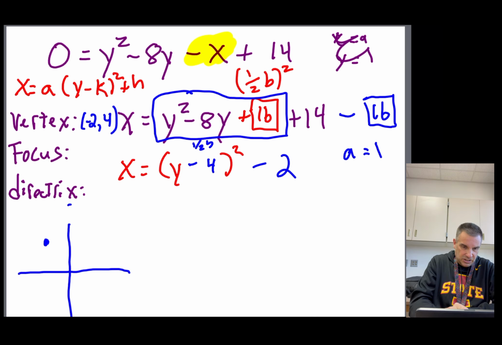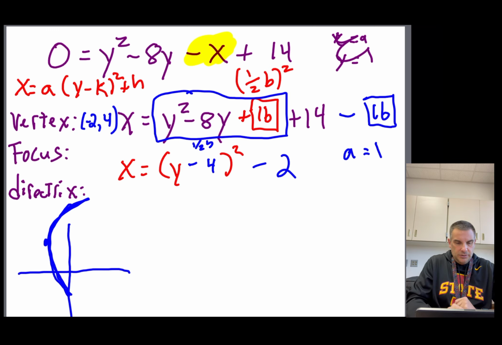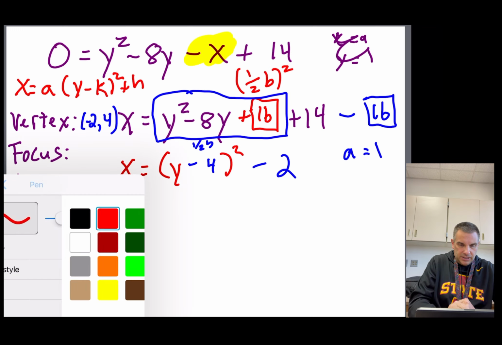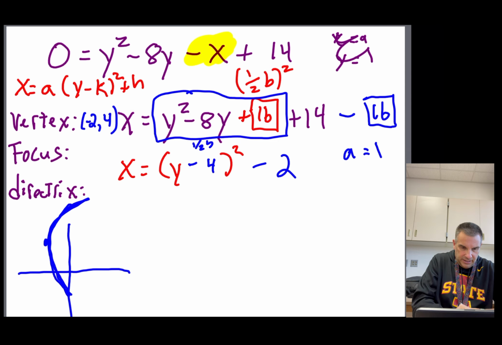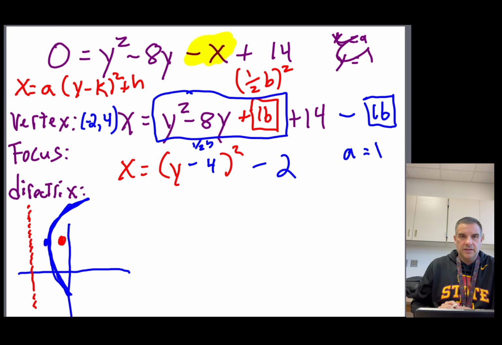So I'm just going to sketch it. The sketch of this graph has to look like this. When we do that, we know that our focus needs to be right here somewhere, and our directrix line has got to be right there.